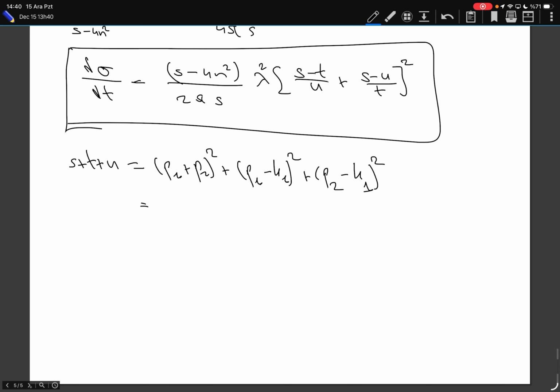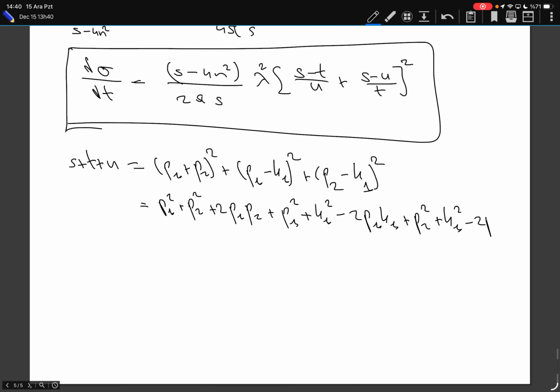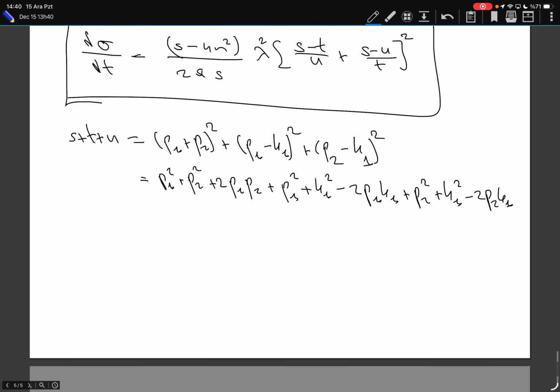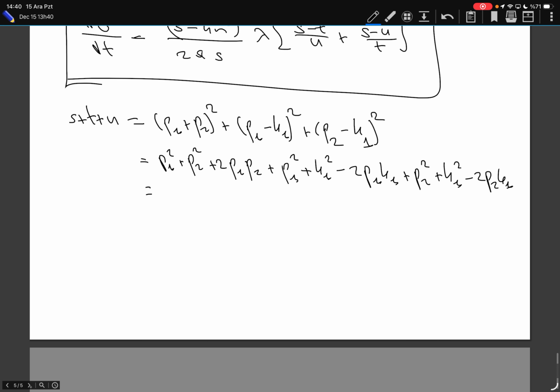Well, this is P1 squared plus P2 squared plus twice P1 P2, plus P1 squared plus K1 squared minus 2 P1 K1, plus P2 squared plus K1 squared minus twice P2 K1. Well, these two are both m squared. These two are m squared. So I get 4m squared.